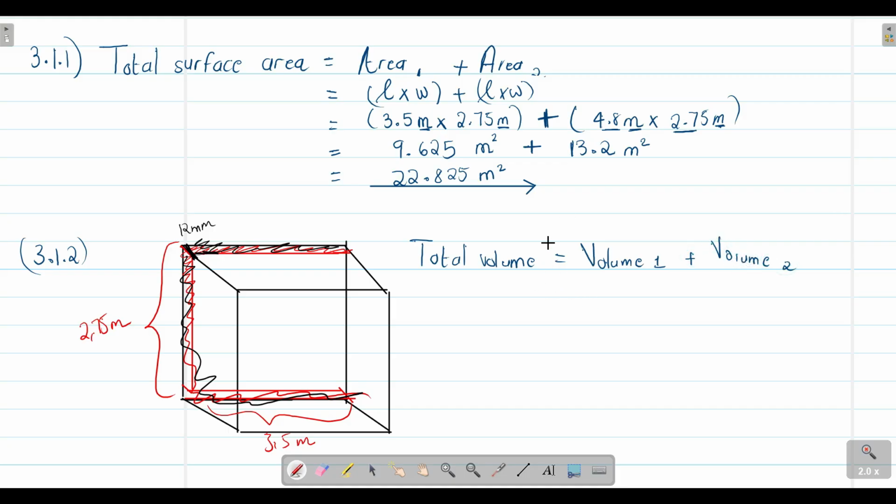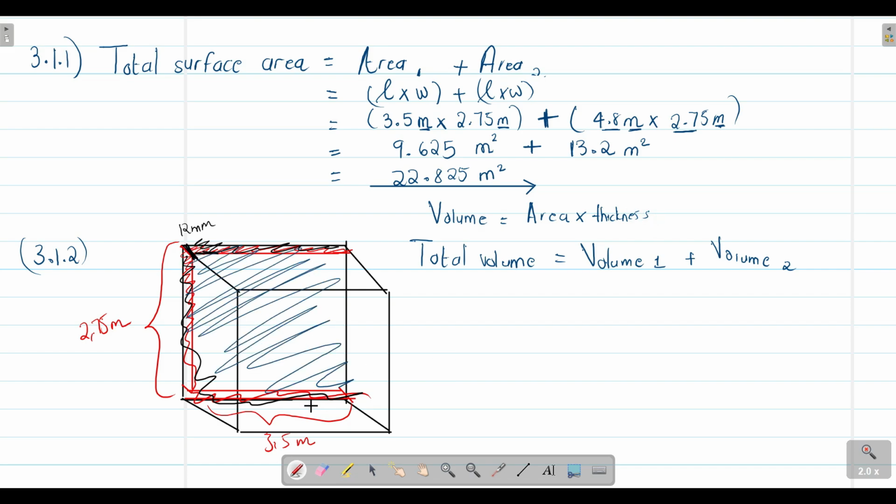Remember, we said that volume is equal to the area of the base, the area of the surface in this case, multiplied by the height, or multiplied by the thickness. Here we already know the area for that whole wall, and we found it by taking 3.5 multiplied by 2.75, and we just need to multiply it by the thickness of 12 millimeters.